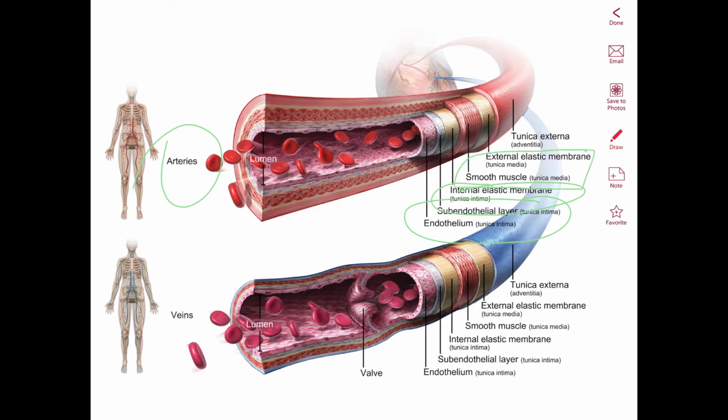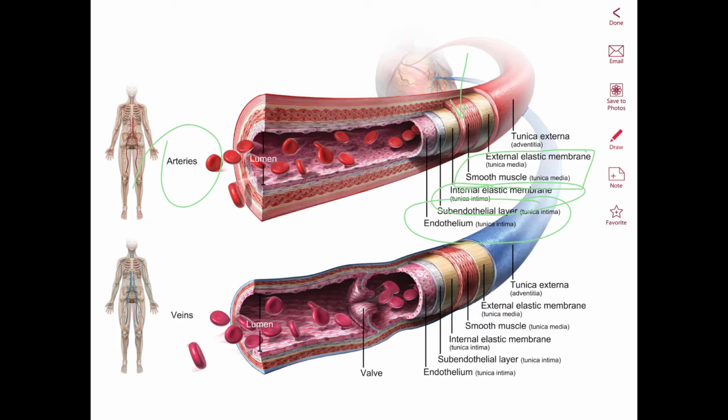This is the thickest layer that contains smooth muscle, which you can clearly see right there, and it contains elastic fibers. Contraction of the smooth muscle can cause a decrease in the diameter of the lumen known as vasoconstriction, and a relaxation that results in an increase in the diameter of the lumen known as vasodilation.